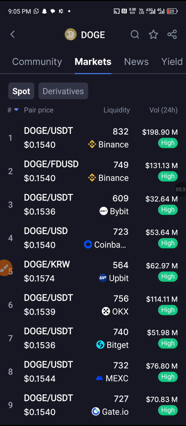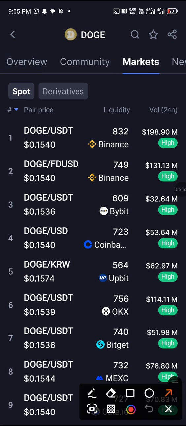You can see Doge is being sold at 0.1540 on Binance. So let's look at whether there is any other place where we can get an advantage and see what exactly we can make from it.